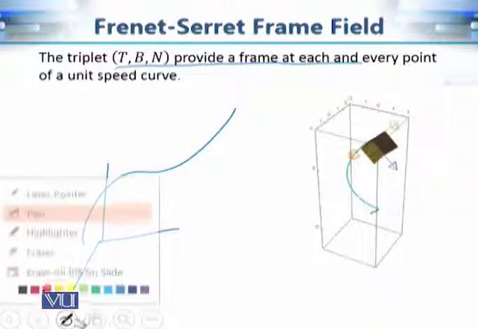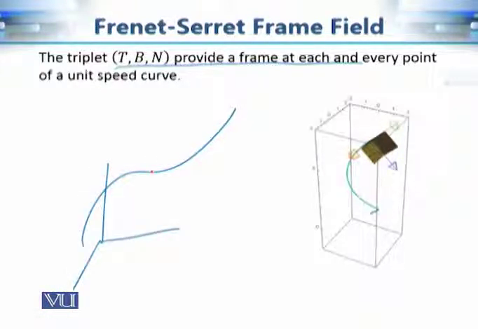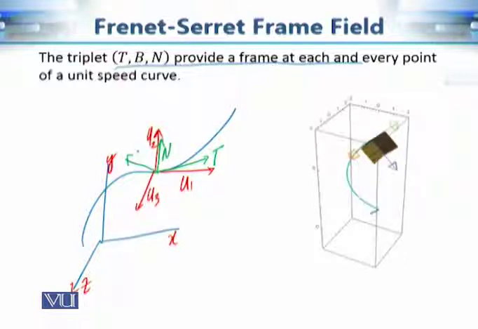At each point we can calculate u1 parallel to the x-axis, u2 parallel to the y-axis, and u3 parallel to the z-axis, but this does not contain geometric information about any given curve. This T, N and B that we just calculated do. So this is T, this is N, and this is B, and they contain much more geometrical information about any given curve.